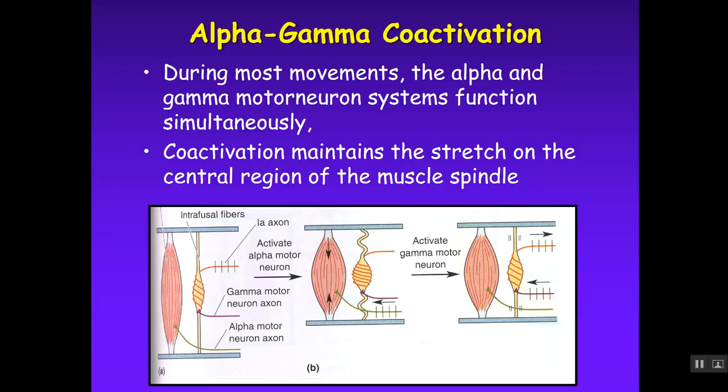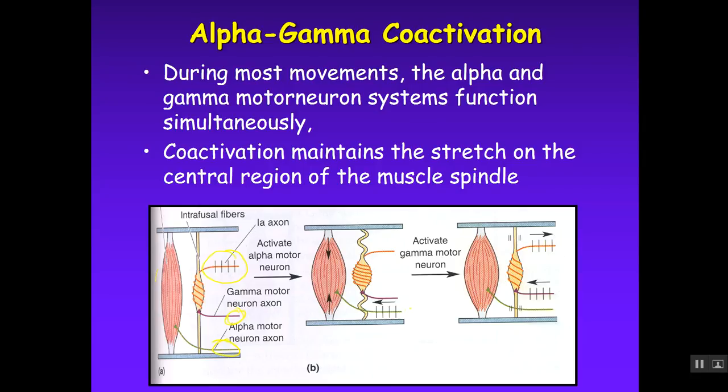This is showing you here, this is a muscle at a certain resting length, and this is the gamma motor neuron, this is the alpha motor neuron, I'm sorry, this is the gamma, and this is the alpha down here. And so here we have a certain rate of firing or signals being sent by that muscle spindle, telling you what the relative length or tension is of that muscle.